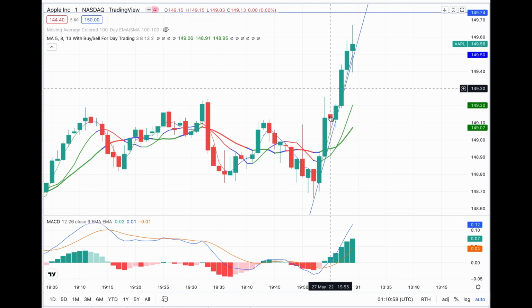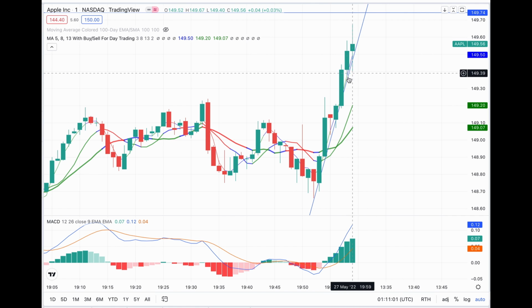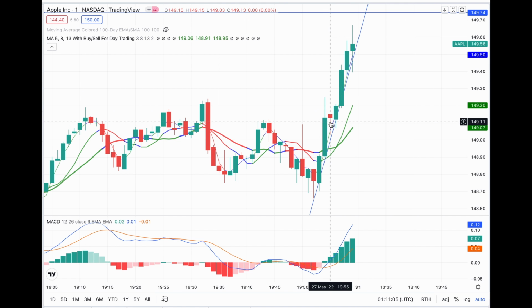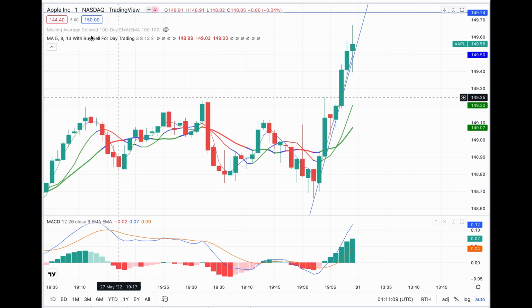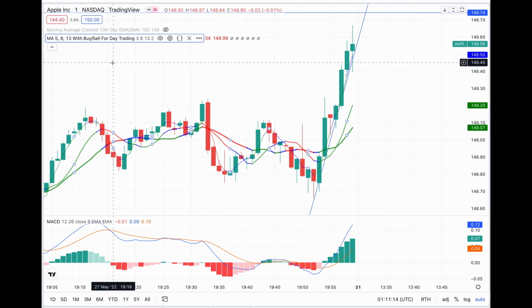And how we analyze which way we're really going is, for myself, I use a few other technical analysis tools. For one, I use the MACD, and then I use a moving average indicator. My moving average indicators are set on a 5 day, 8 day, and 13 day, mainly for trading during the day.